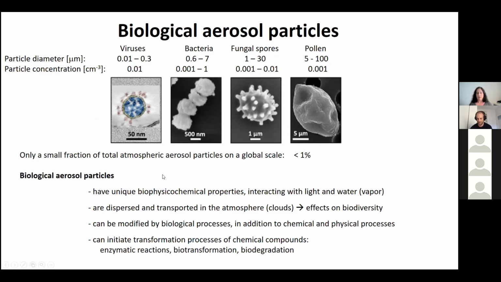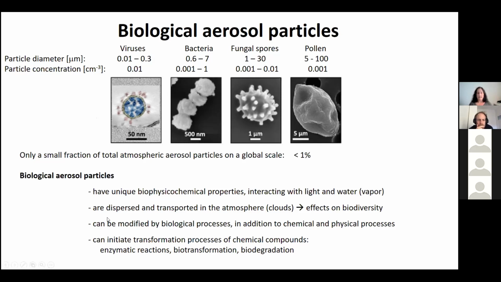But why do we care about them at all? They have very unique biophysical and chemical properties, interacting with light and water in ways that other particles don't. They're dispersed and transported in the atmosphere, in particular in clouds. So that means if they are transported, they also come down eventually from the atmosphere and affect biodiversity at a different location from where they were emitted.